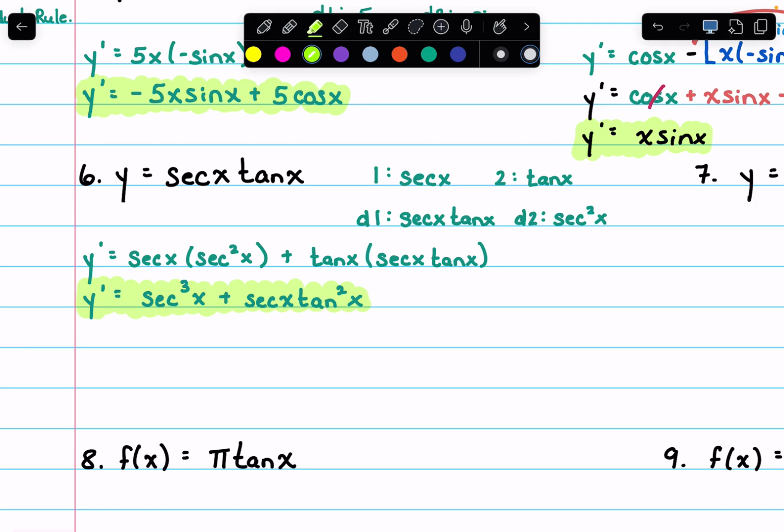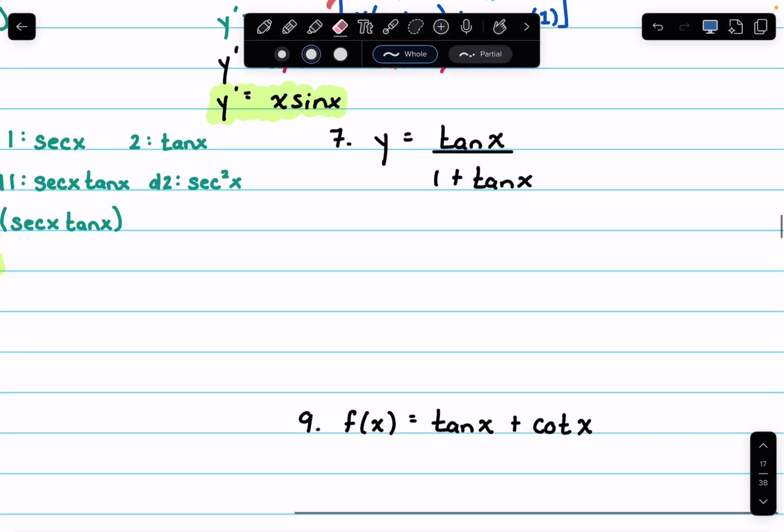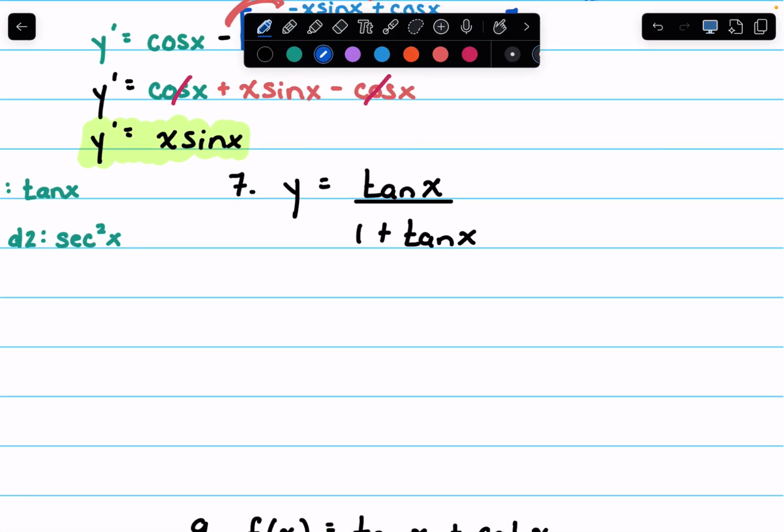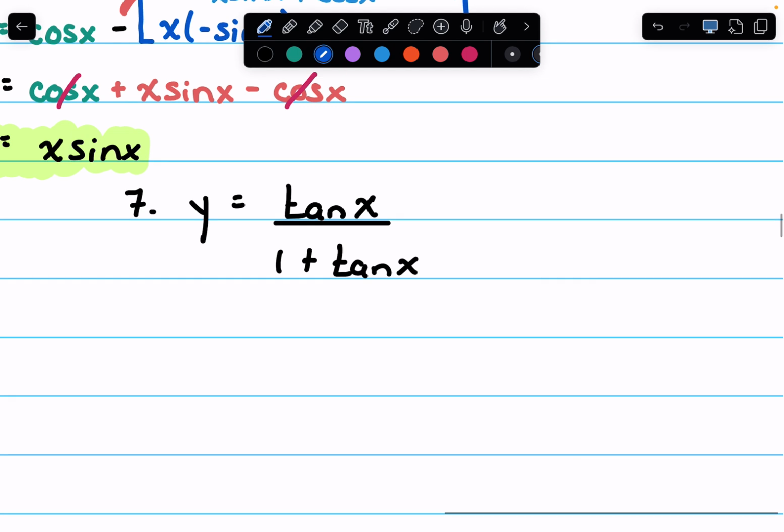Questions so far? You doing okay? What do you think I'm going to do for this one? The quotient rule, right? All right, so we have low and high. I need to make my pen smaller when I do that. Low is 1 plus tangent, and high is tangent.